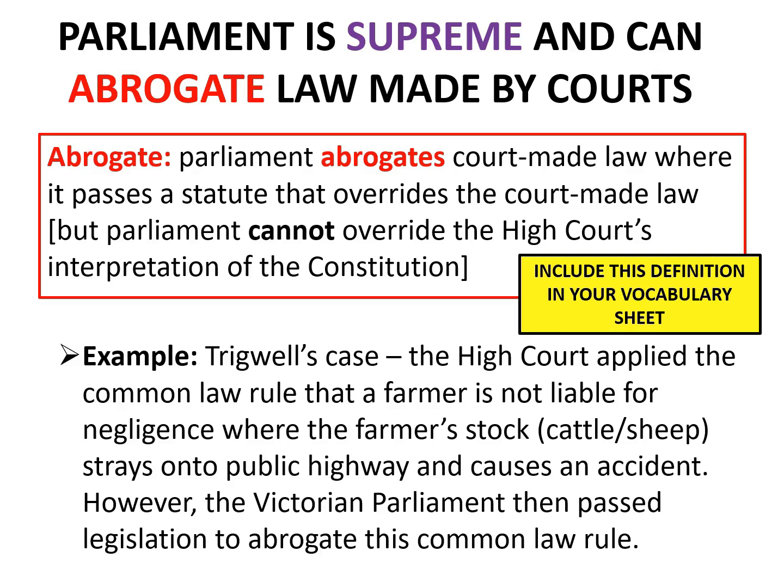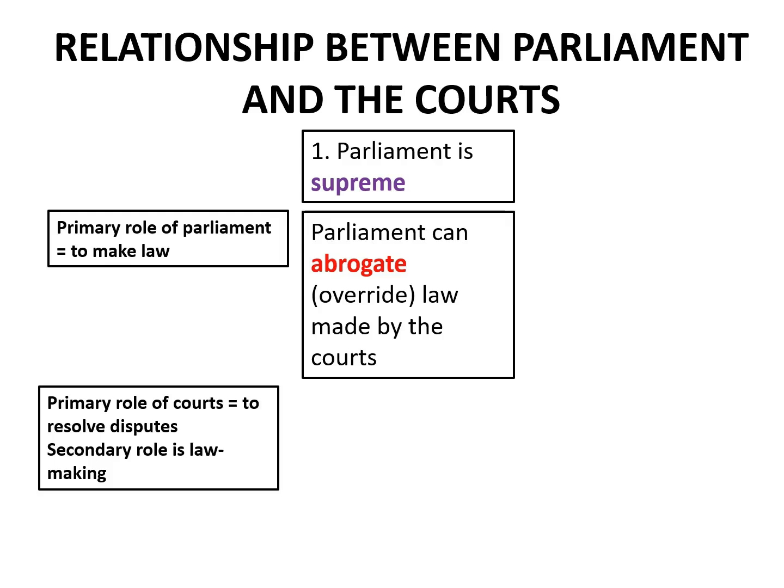You're now in a position to include in the table in your summary book a description and example of the first feature of the relationship between Parliament and the courts, that is, that Parliament is supreme and can abrogate court-made law.